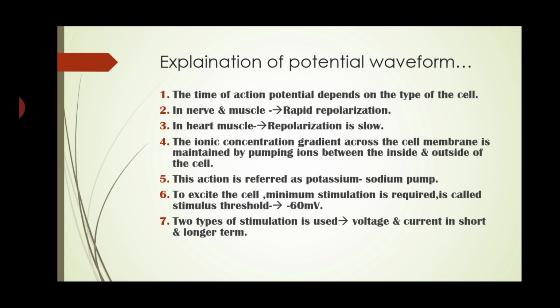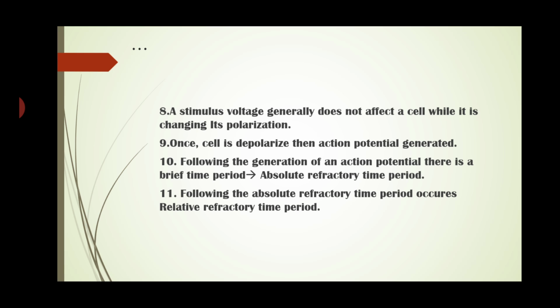If you use a longer pulse for the stimulation, then the intensity of the current or voltage is less. A stimulus voltage generally does not affect a cell while it is changing its polarity. Once the cell is polarized, then action potential is generated.